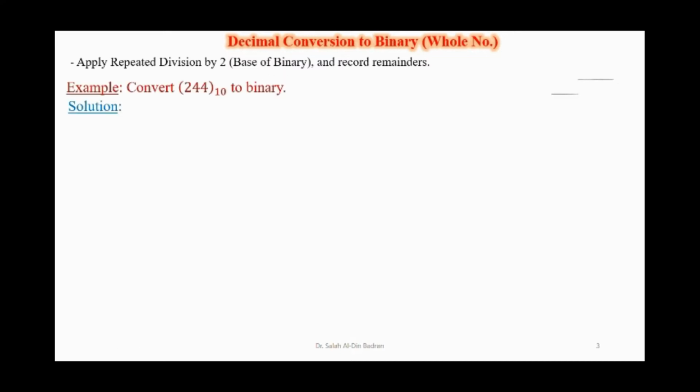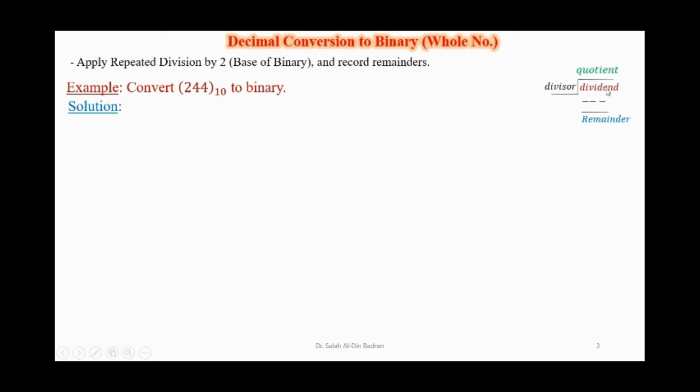Now we will perform the opposite operation. We will convert a decimal number to a binary number. We will use repeated division by 2. Before we start, I want to remind you about the terminology of the division operation.